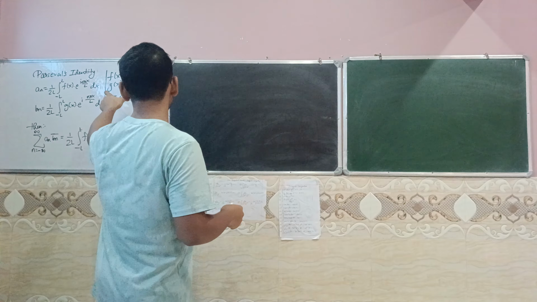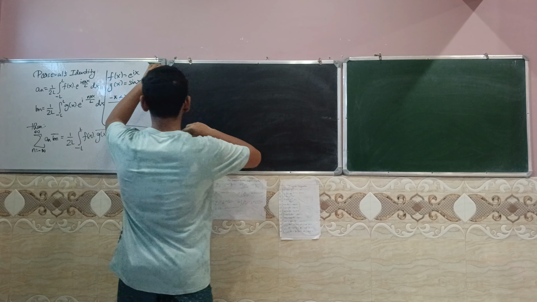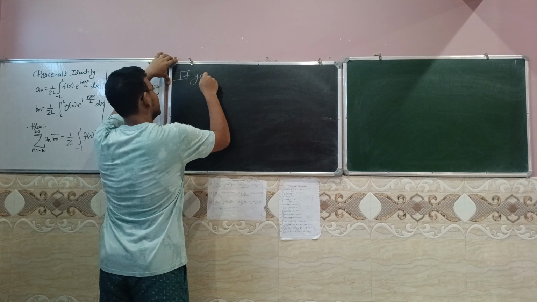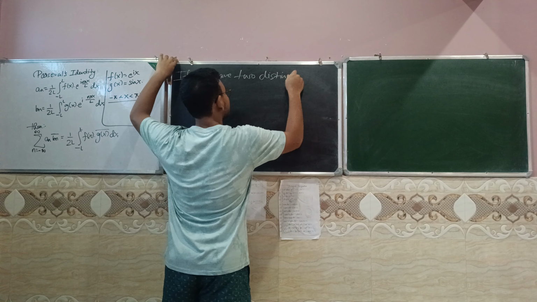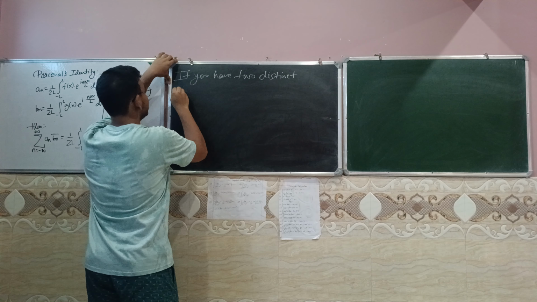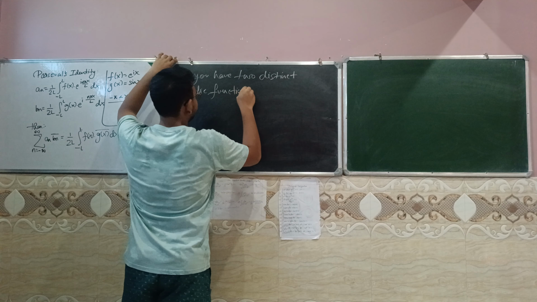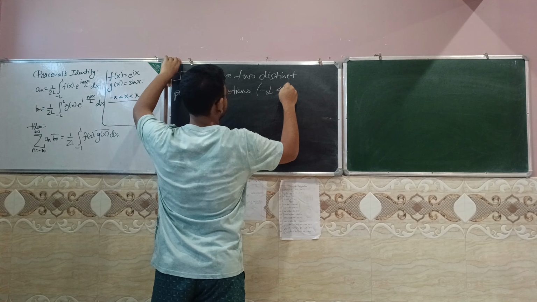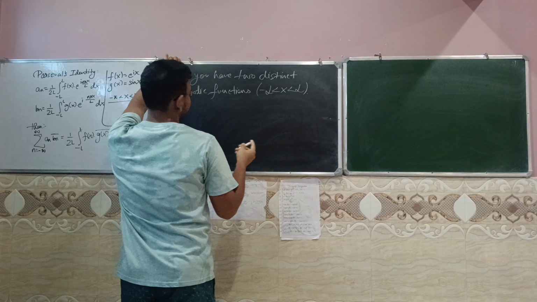Okay, so basically I have written, let me just explain what Parseval's identity is all about. Parseval's identity is, if you have two distinct periodic functions, bounded between negative L to L, that's going to be helping us.